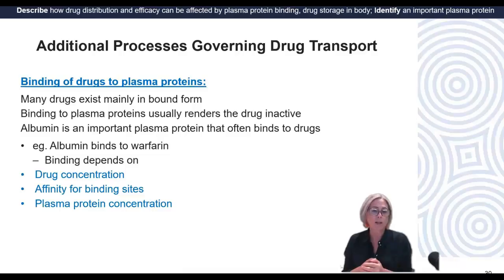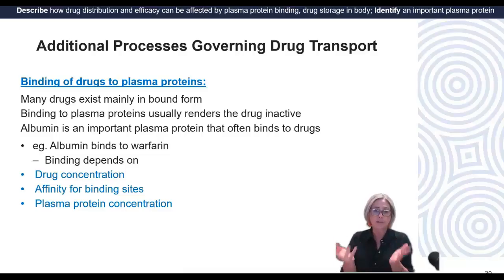The other thing that the binding depends upon is plasma protein concentration. The less the plasma protein concentration, then the higher the efficacy of the drug over a shorter period of time, as I've just explained. And a good example of that is, say, if somebody has liver disease or liver failure. So all of these, albumins and alpha, beta, gamma globulins, are made in the liver.